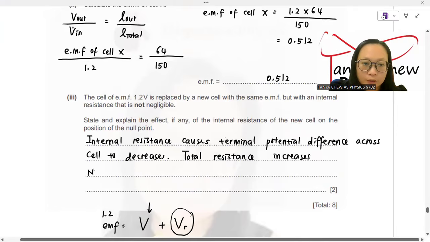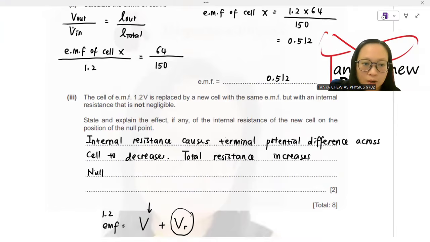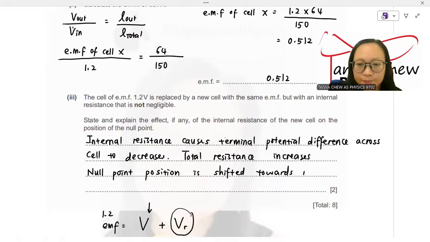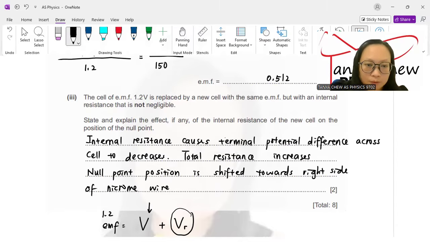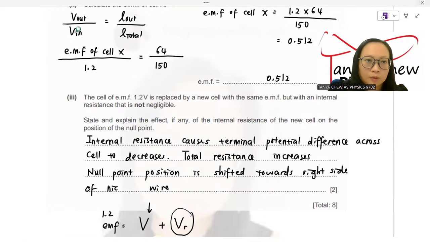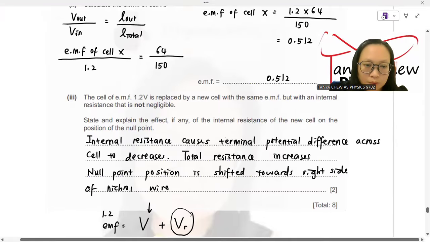So the null point position is shifted towards the right side of the nichrome wire.